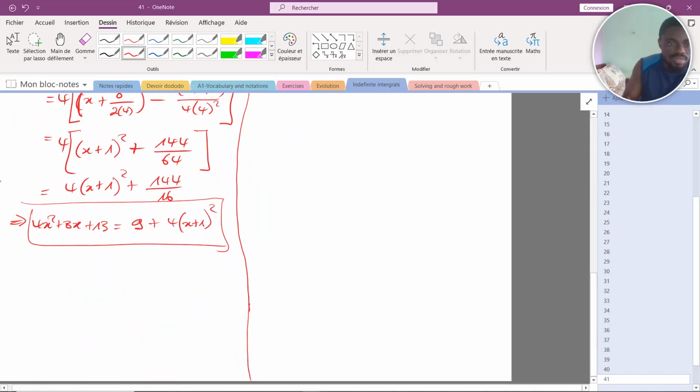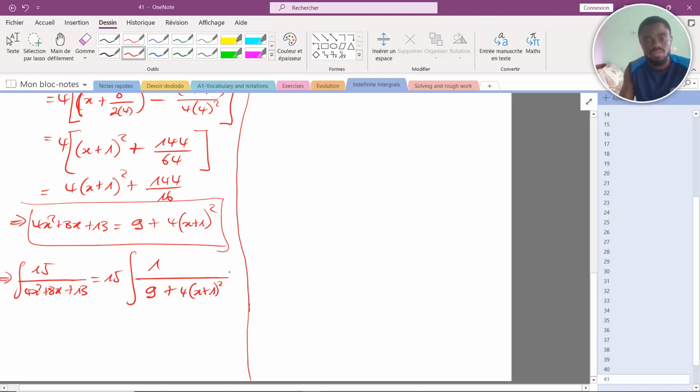The integral of 15 all over 4x squared plus 8x plus 13 will be equal to 15 into, I'll substitute this by this, 1 all over 9 plus 4 into (x plus 1) squared, dx. Very good. Okay, now we have to integrate this.